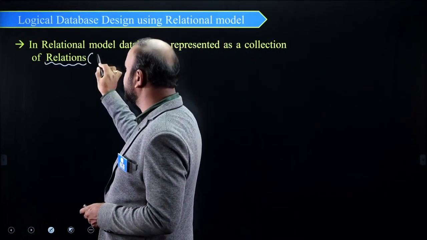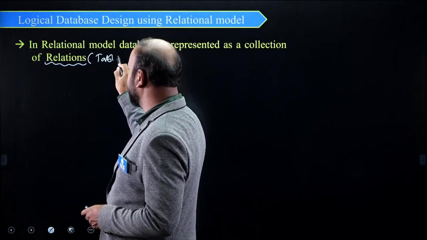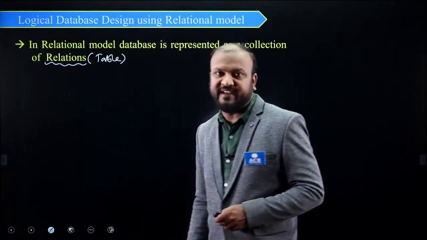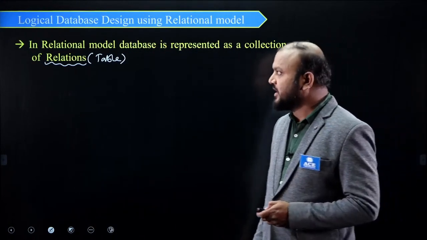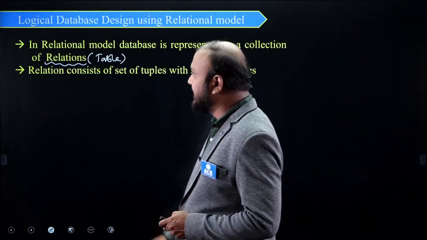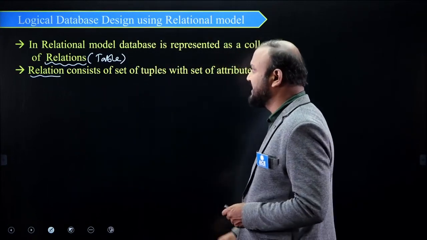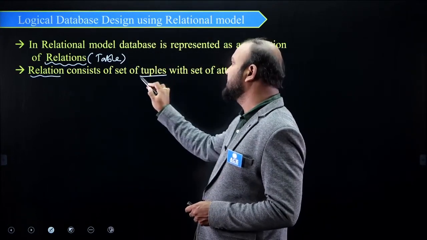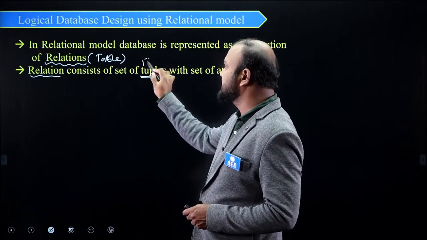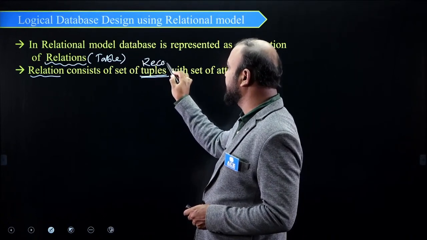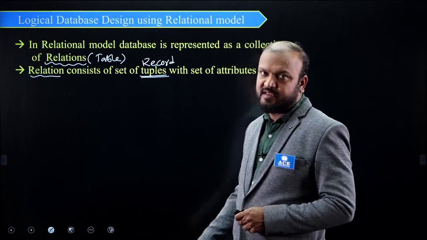Each relation is called one table, a table of records. A relation, that is a table, consists of a set of tuples. Here the tuple is used as a synonym to represent a record in the database.